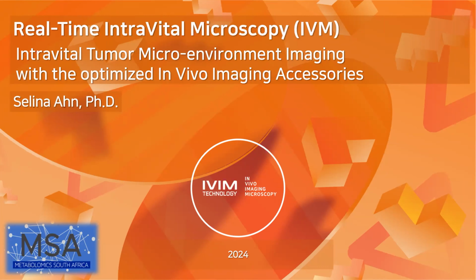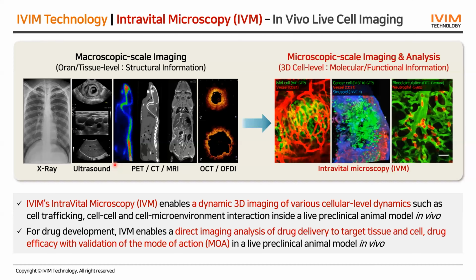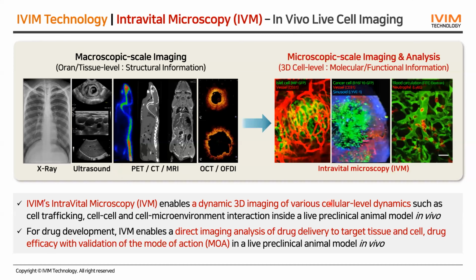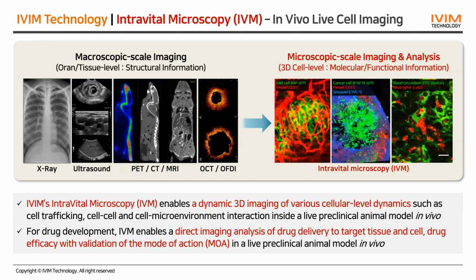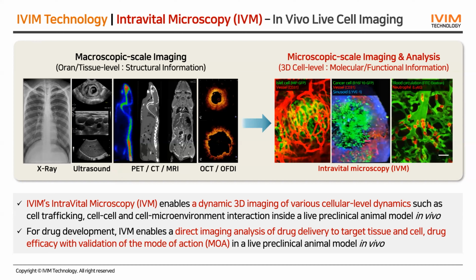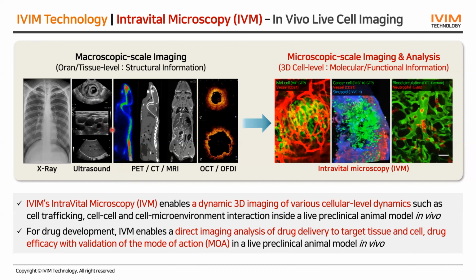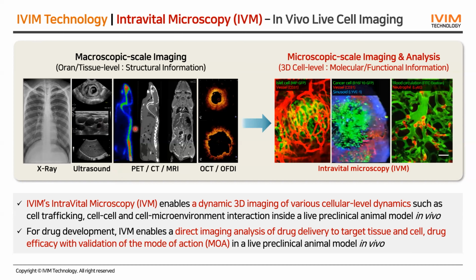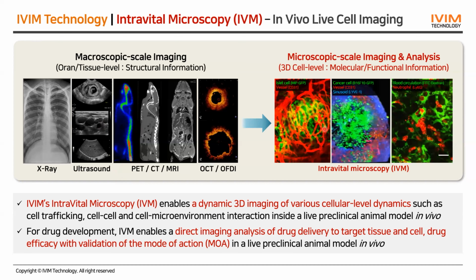Firstly, I'd like to introduce IVIM's intravital microscopy to observe live tissue and cells in live animal models. Compared to conventional imaging technologies such as X-ray, CT, and MRI, which only provide tissue-level and static in vivo information, intravital microscopy can directly observe the dynamic cell movements inside the internal organs of live animal models for human disease.